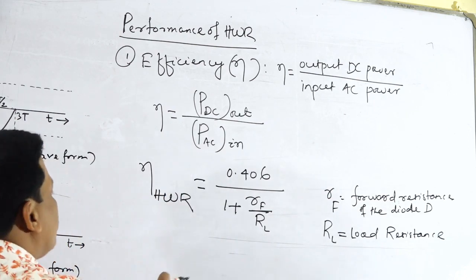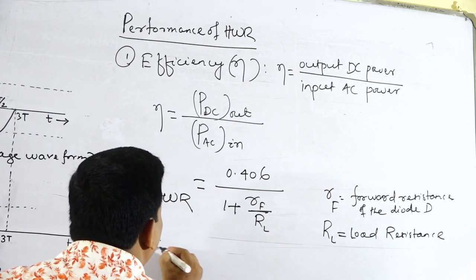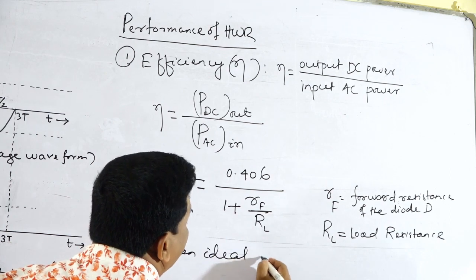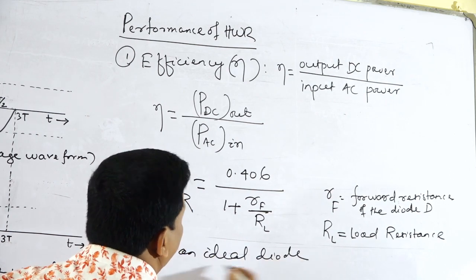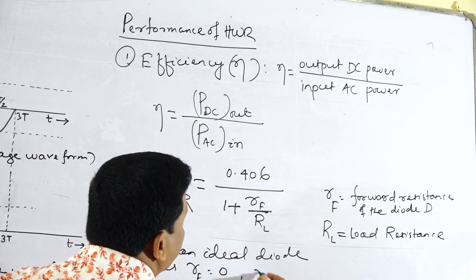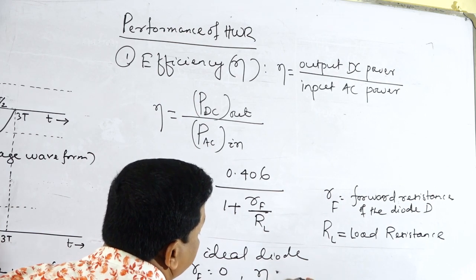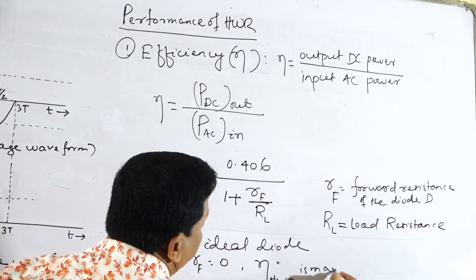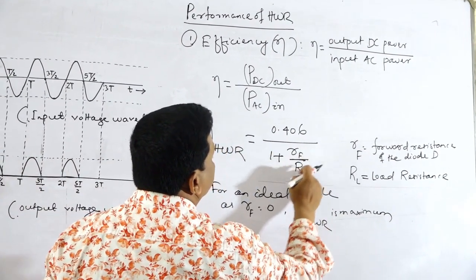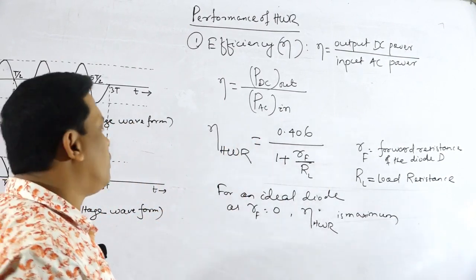Now if we assume that the diode D is an ideal one, then for an ideal diode RF equals 0, and eta HWR is the maximum, because when RF is equal to 0 the denominator will be minimum, so eta will be maximum.